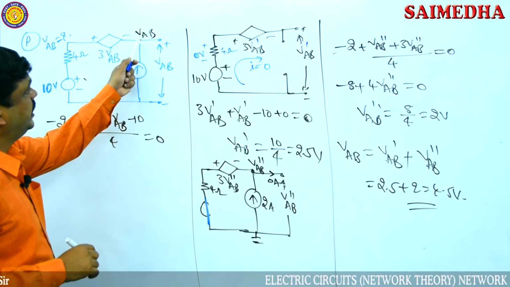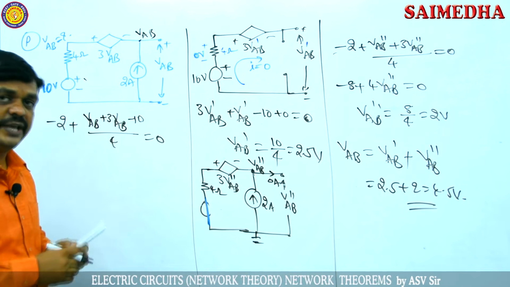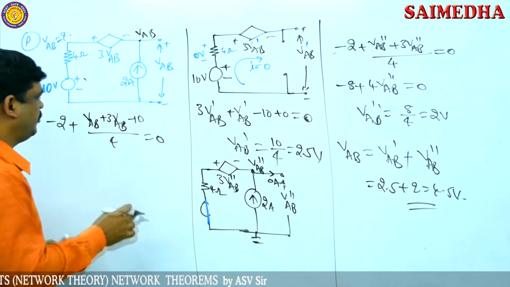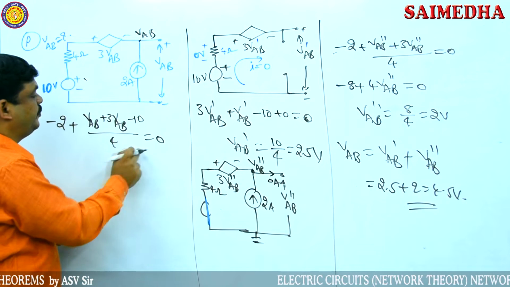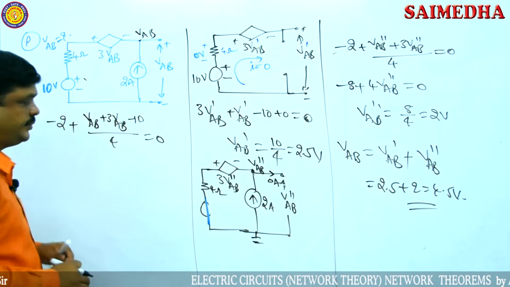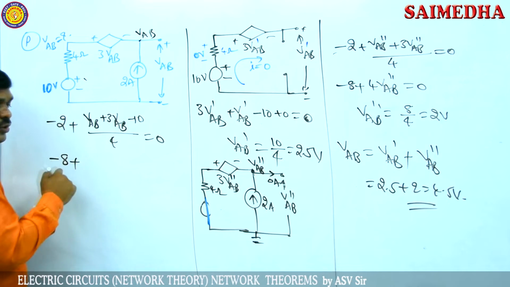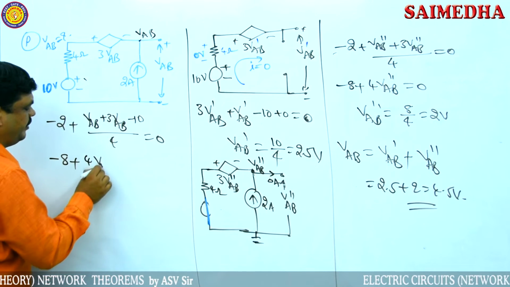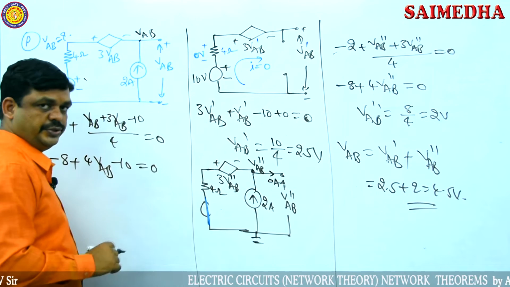In this, the voltages are VAB, 3 VAB and 10 volts; 3 voltage sources are there. Then we have to write the algebraic summation of all the voltage sources. So from that I wrote VAB plus 3 VAB minus 10 by 4 is equal to 0. Then simplify this: minus 8, 4 into 8, 3 VAB, 4 VAB, it becomes 4 VAB minus 10 is equal to 0.